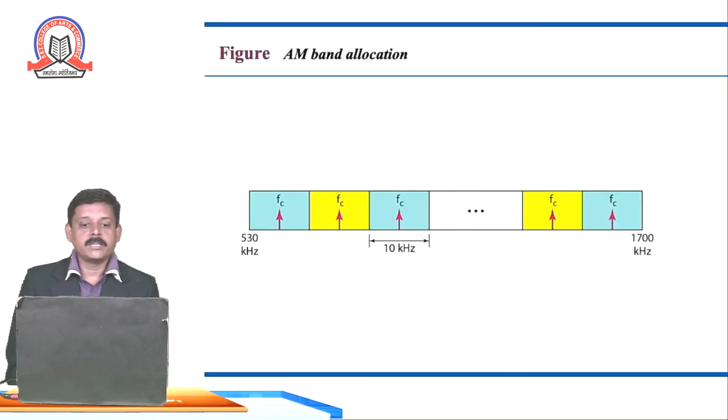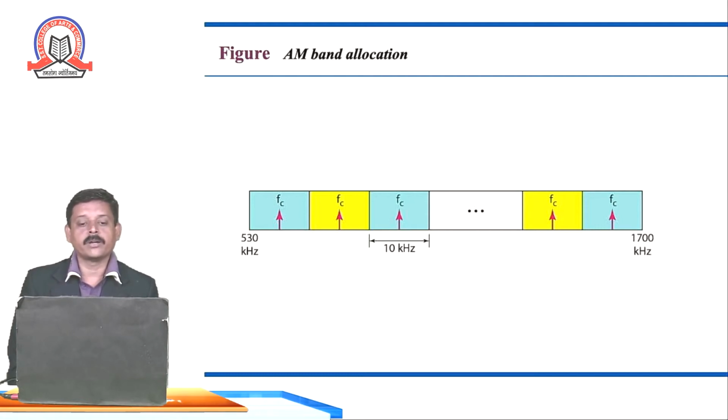As you can see in the diagram, if we have a spectrum of frequency from 530 kilohertz to 700 kilohertz, it is sectioned into different parts of 10 kilohertz each. So the frequency is sectioned in different forms, as you can see in the spectrum of blue and yellow pattern.